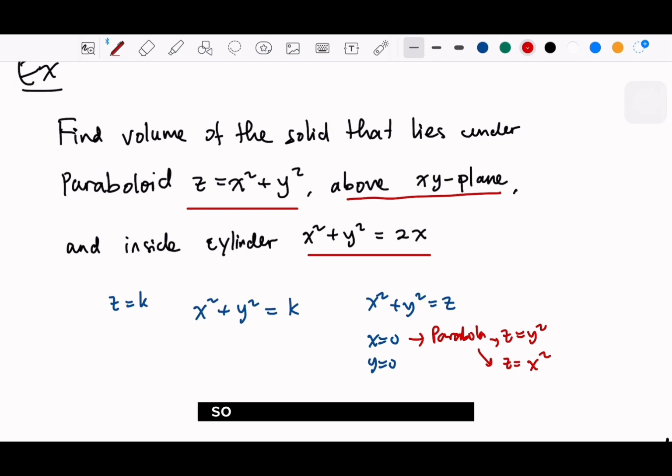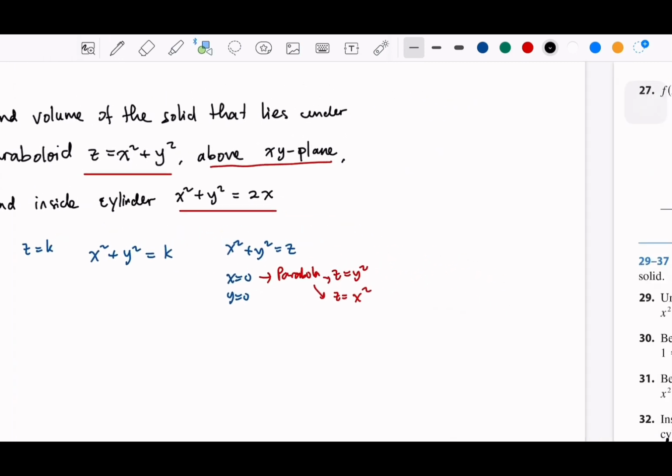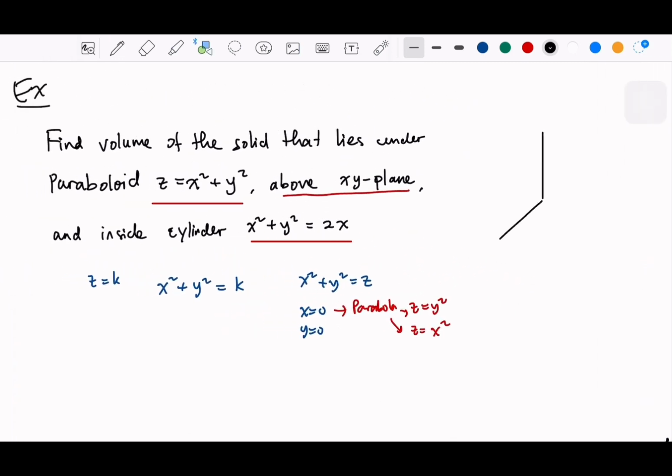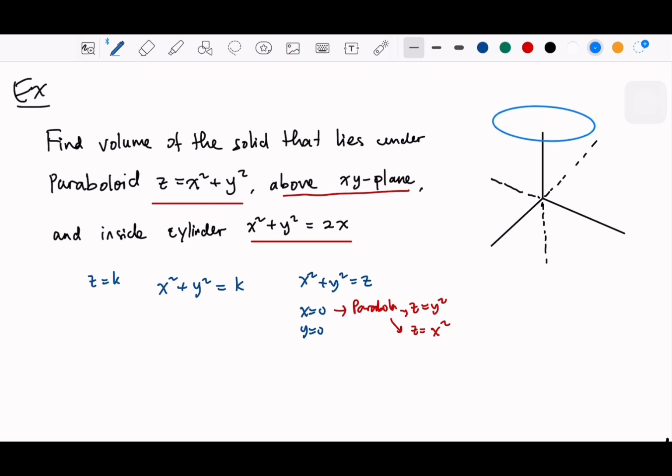Okay. So perhaps we could start by drawing. Start from here. So let's say we have on the top like that, this is a circle. And this will be a parabola.